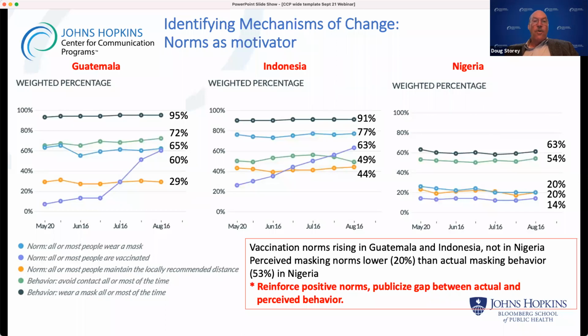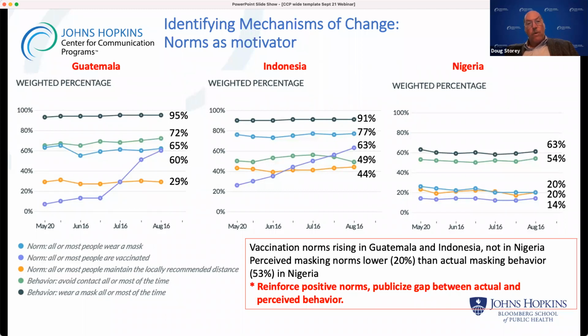And it's interesting to note that the gap between the normative perception, that is the blue line, and the actual behavior, that is the descriptive norm, the black line, is somewhat wider in Nigeria than in the other two countries. And what this suggests is that there is a gap between the perception of masking behavior and the actual masking behavior in Nigeria.